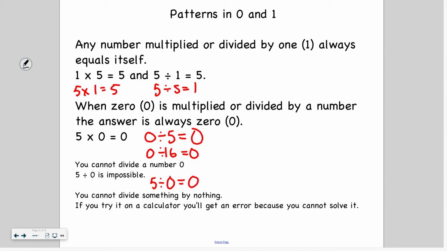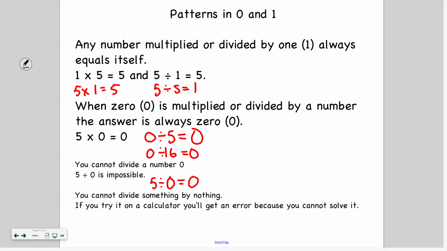That's not true. If you try in a calculator to do 5 divided by 0, or any number divided by 0, you're going to get an error because I can't divide something by nothing, right? 0 represents no value, right? It's a place value holder, like in the number 10. The zero represents there are no ones.